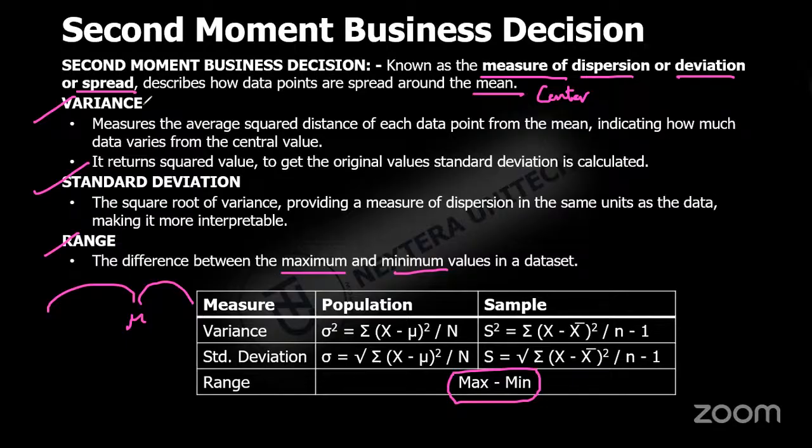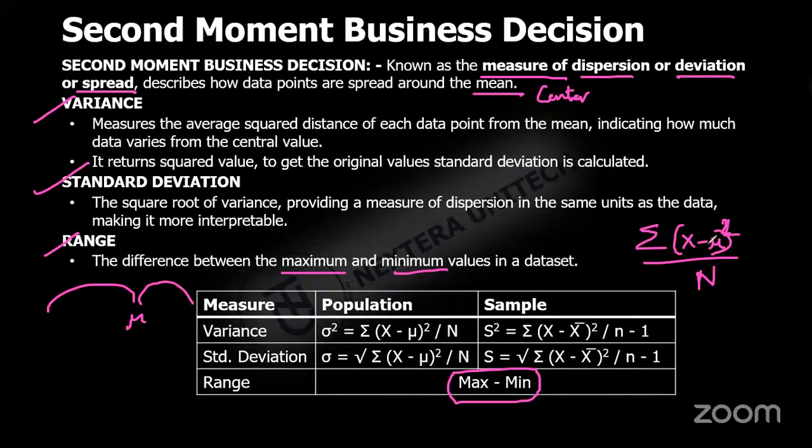Coming to variance. Variance returns the average squared spread. The formula for variance is given in this way, guys: the sum of x minus mu whole square, divided by n.